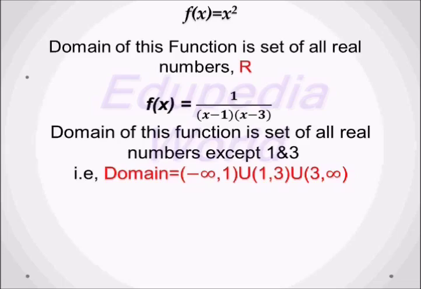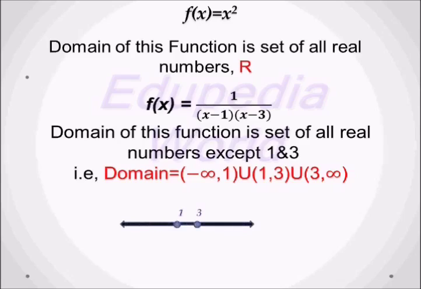Therefore, the domain of the function is minus infinity to 1 union 1 to 3 union 3 to infinity. 1 and 3 are not included. We can represent this on a number line and it will look like this.